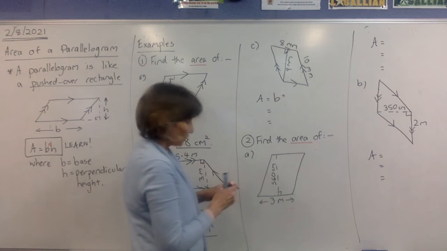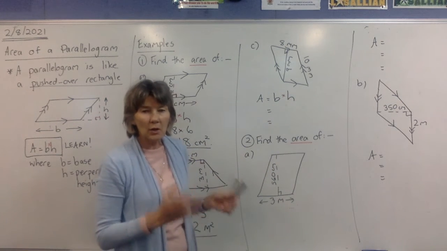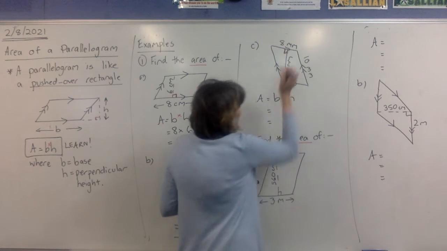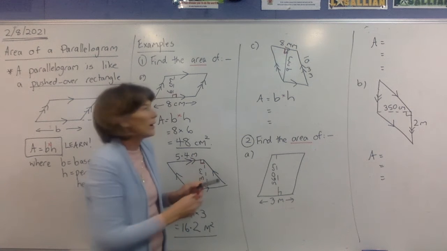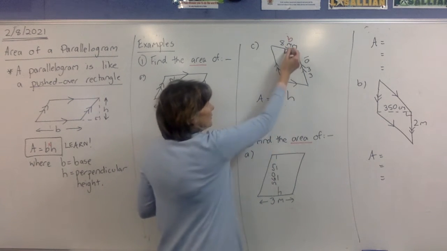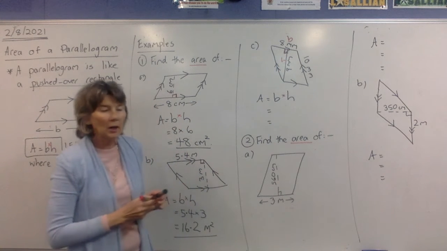And then we have to try and identify our base and our perpendicular height. So let's look for that right angle. Here it is. So the base and the perpendicular height have to be near that right angle. So we're going to be using this for our base, and then this comes off our base at right angles, so that will be our perpendicular height.